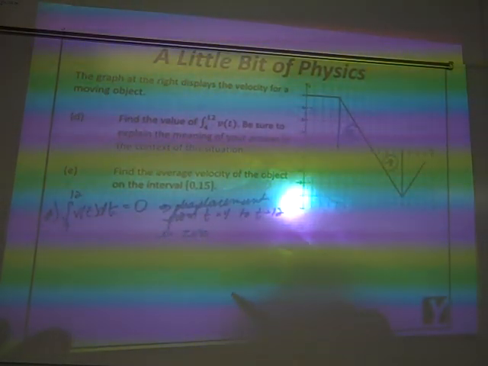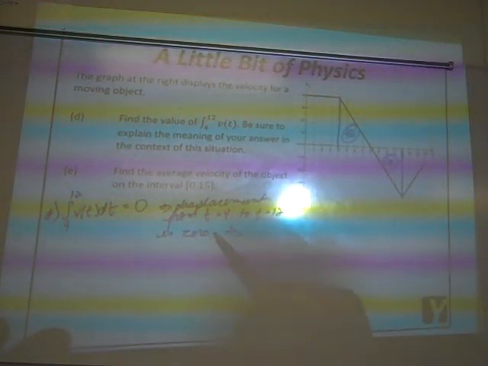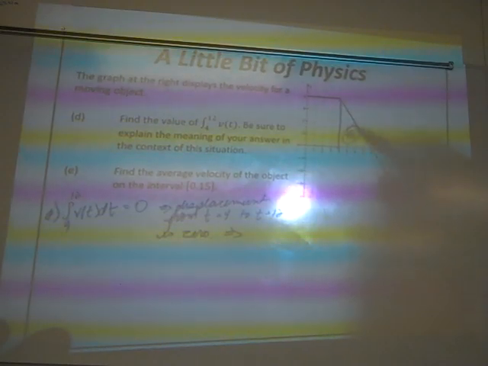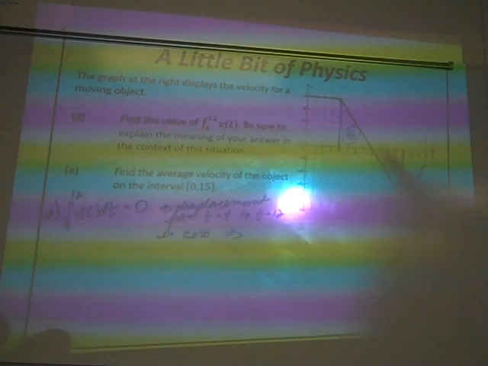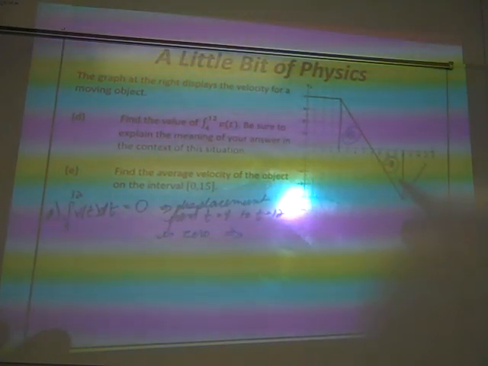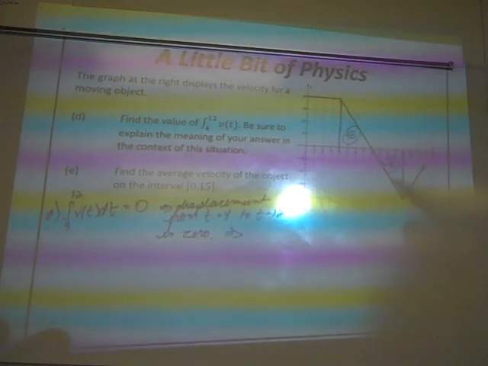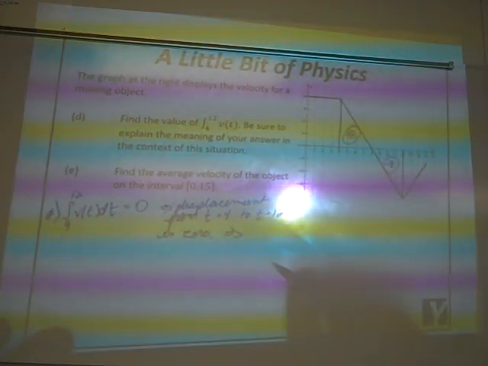It would be a mistake to say that tells you the object hasn't moved. I can see at t equals 4, I have positive velocity. That means my object is moving in the positive direction. I can see from 8 to 12, my object has negative velocity, so it's moving in the negative direction. If you say the particle hasn't moved, I would not award you the points.